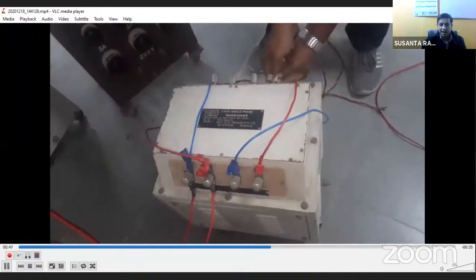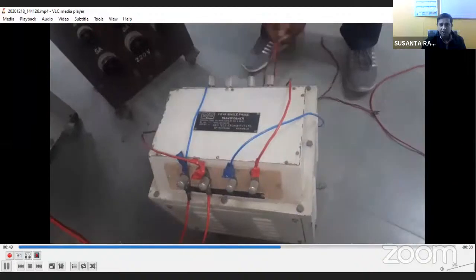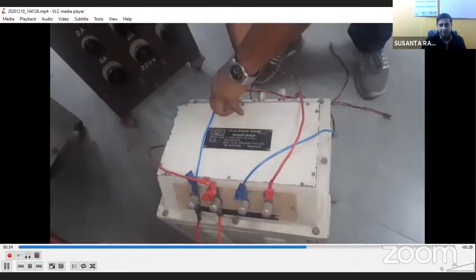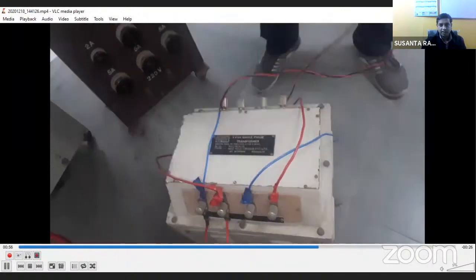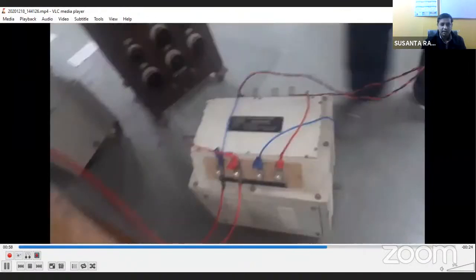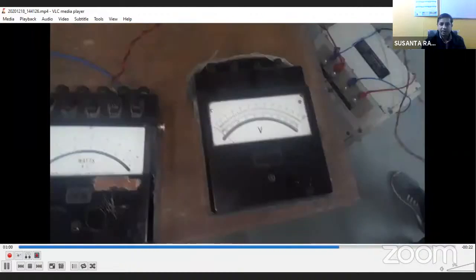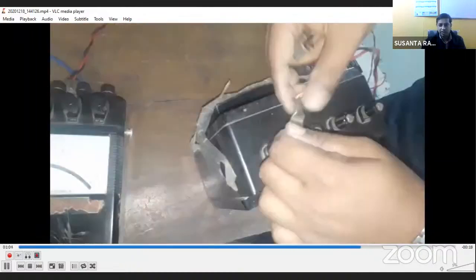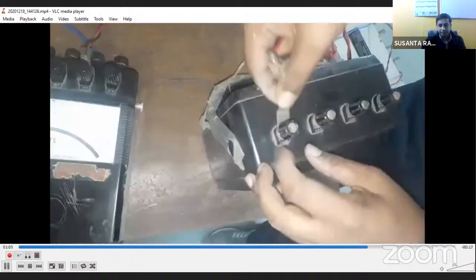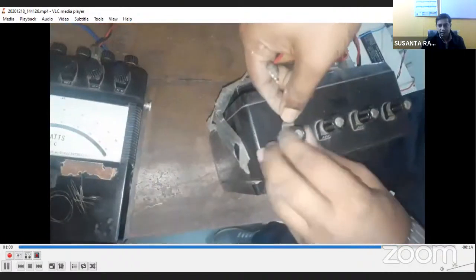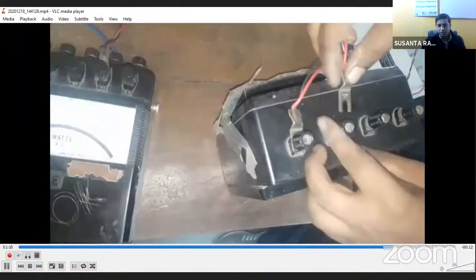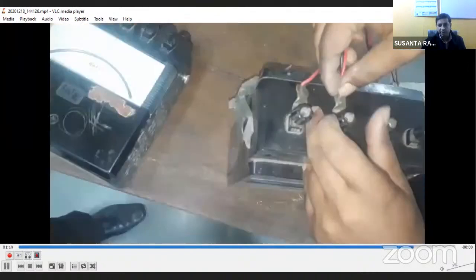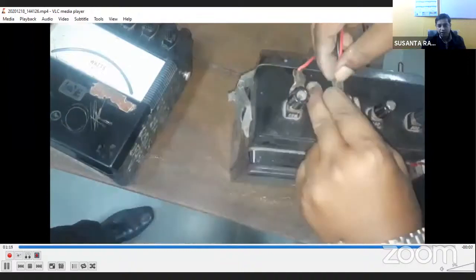That is the connection of the V2 voltmeter, which will measure the voltage of the high voltage side. This is how we are connecting the voltmeter for measuring the high voltage side voltage. You should carefully select the range because the high voltage side will give you up to around 220 volts.